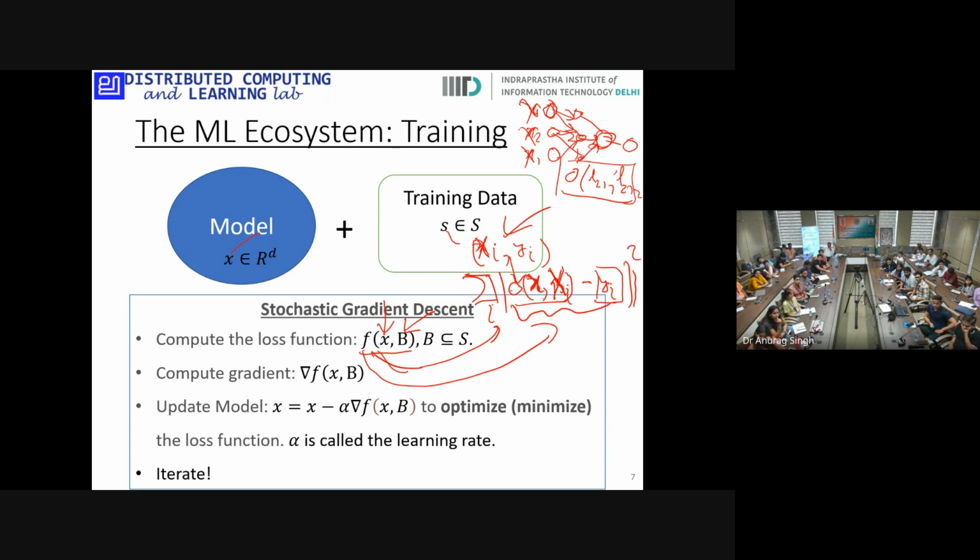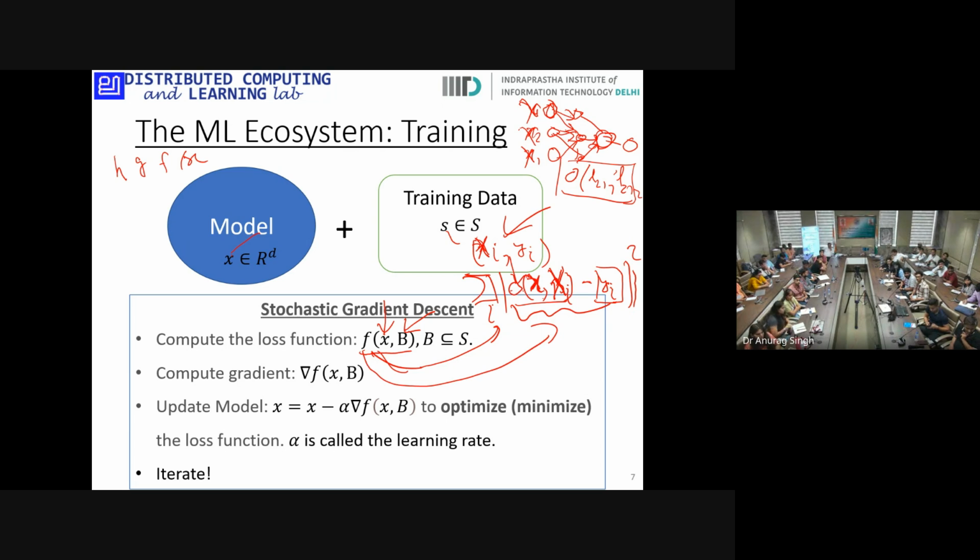Once you have a loss function, you compute the gradient. I believe all of you know how to compute the gradient of composite functions. How do you do that? Chain rule, right? For h of g of f of x, you first differentiate h with respect to g, then that with respect to f, and that finally with respect to x.